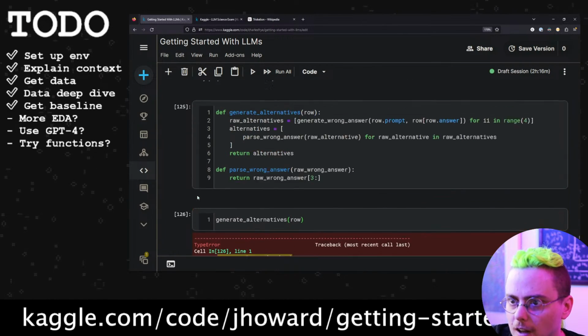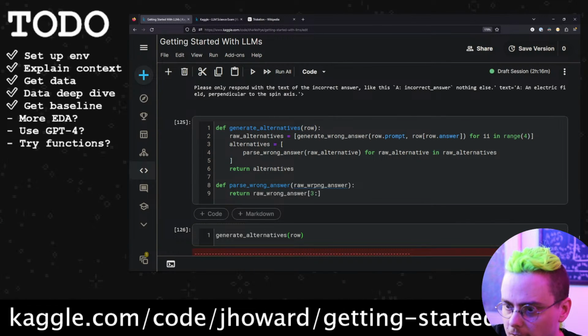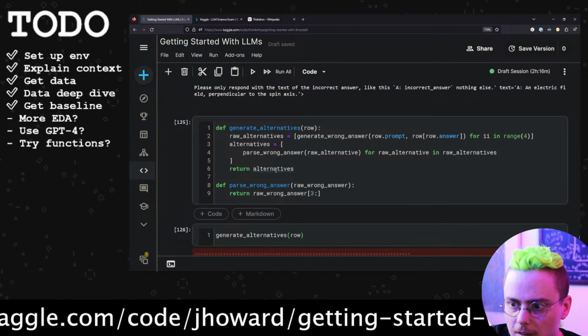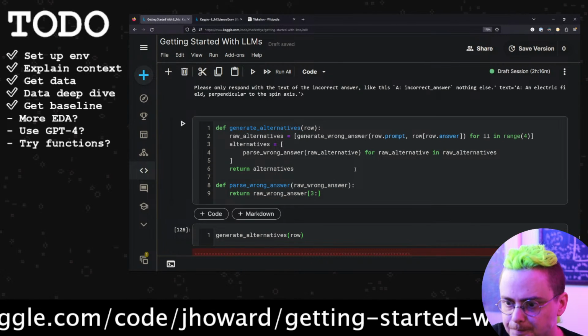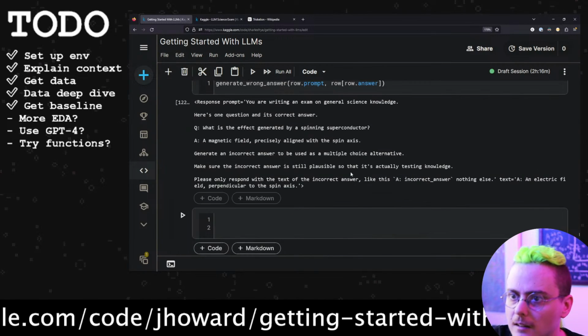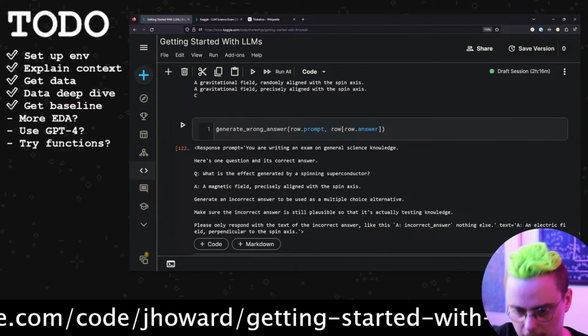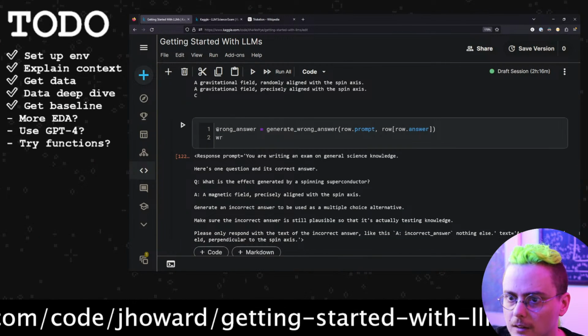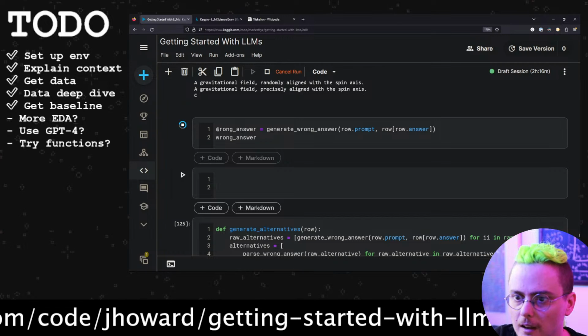Response object is not subscriptable, right? So if we look at the type of this thing, do I get type hints? No type hints, bummer. So we want wrong answer dot text, I think. Let's check generate wrong answer. Wrong answer equals this. We'll still return it so we can take a look at it.